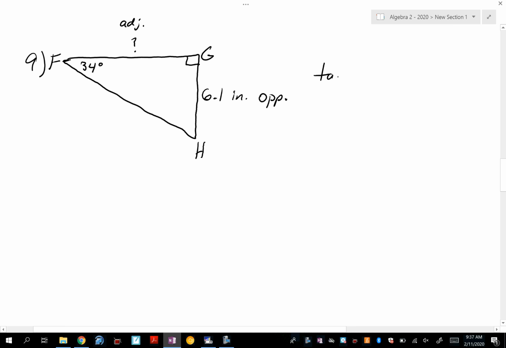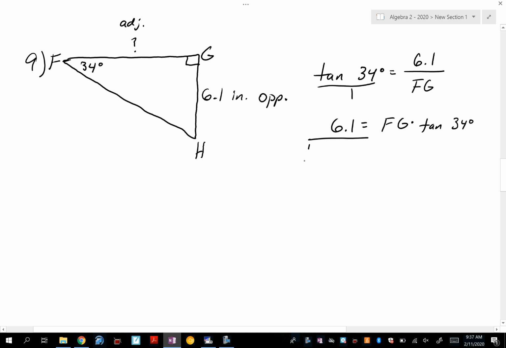So the tangent of 34 degrees equals the opposite side of 6.1 inches over FG. All right, so if I make my proportion again, I get 6.1 equals FG times the tangent of 34 degrees. You divide by the tangent of 34 degrees from both sides, you'll be left with FG.